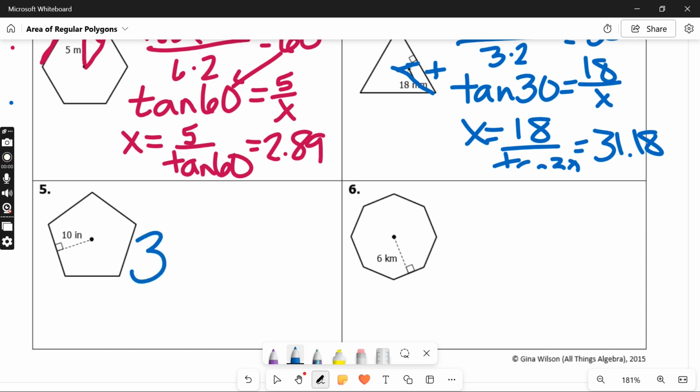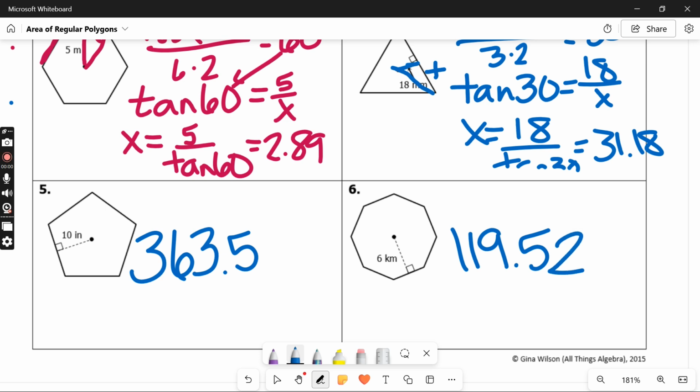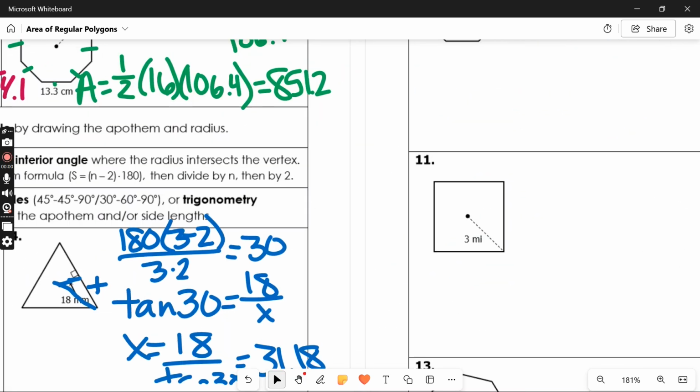So your area overall was 363.5. And then your overall area on number 6 was 119.52. Okay. All right, so let's go on.